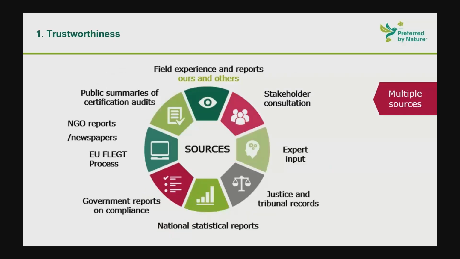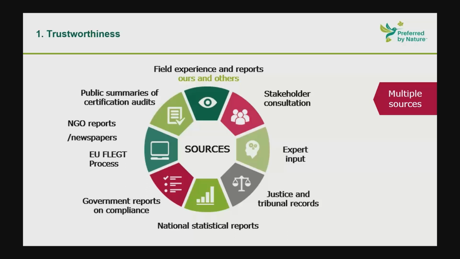You can also multiply sources of information. It's nice to have documents from your supplier, but if your level of trust is not strong enough, you can cross-check this by consulting stakeholders, experts, consulting reports, public reports from public authorities, NGOs, experts. You can also make direct observations.